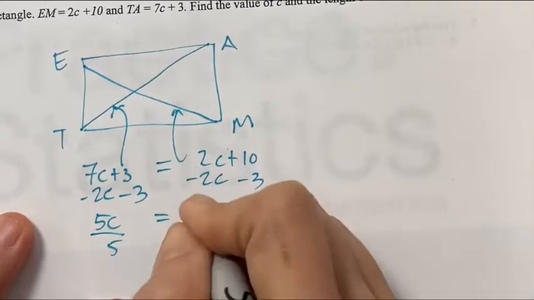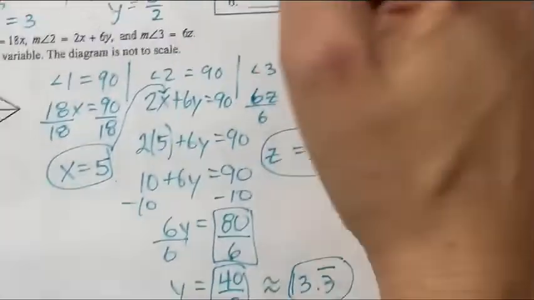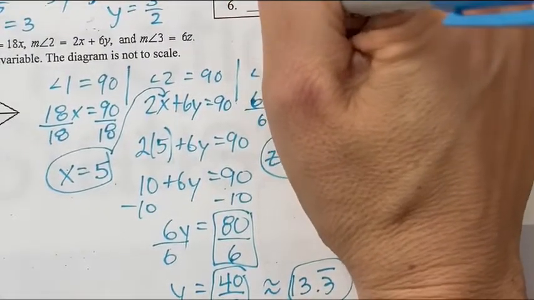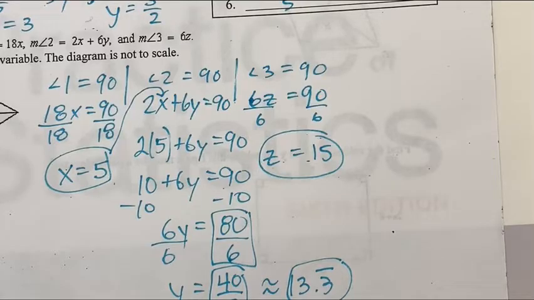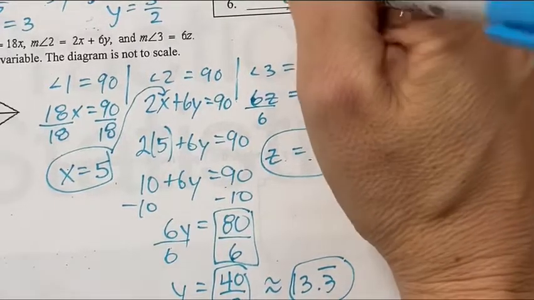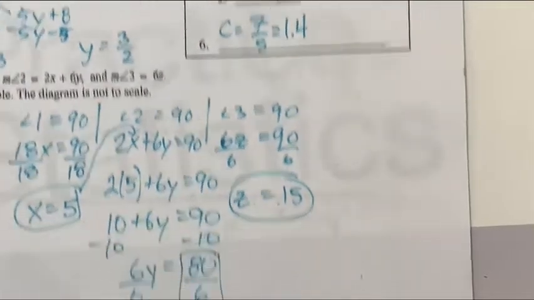So C is equal to 7/5. I'd take that as a perfectly good answer. Now, if you want to turn that into a decimal, that's fine. That is 1.4 exactly. Many people got that same answer.